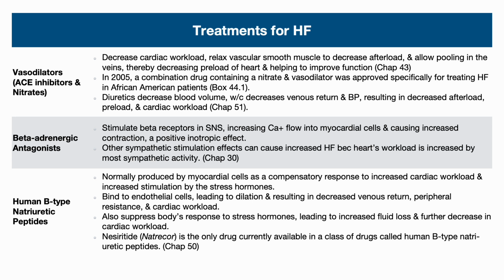So for that, we have the vasodilators, the beta-adrenergic antagonists, and the human B-type natriuretic peptides. The rest of it, I will leave it up to you to look closer when you get a PPT for this chapter.